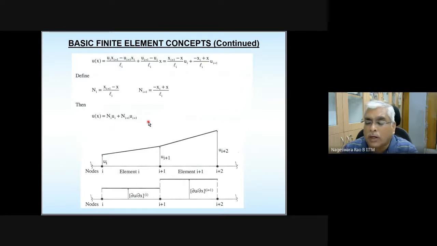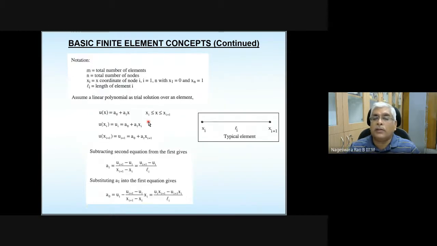By doing this, we gave some physical meaning to these coefficients. Please take a note of it in your notebook: u is equal to a0 plus a1x, and if you want, you can also take a note of this domain.